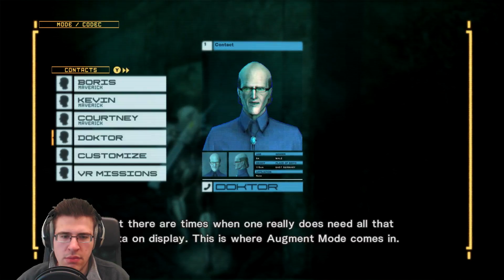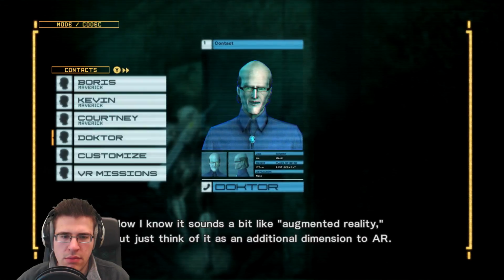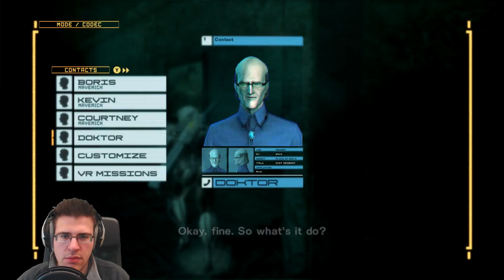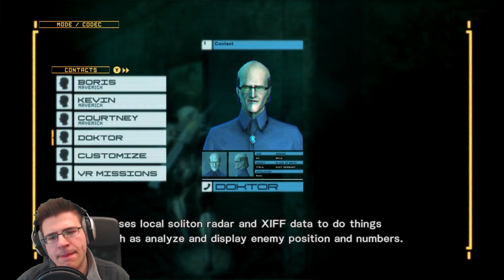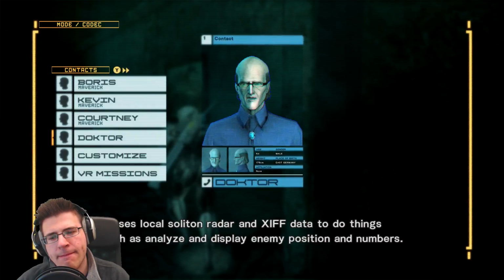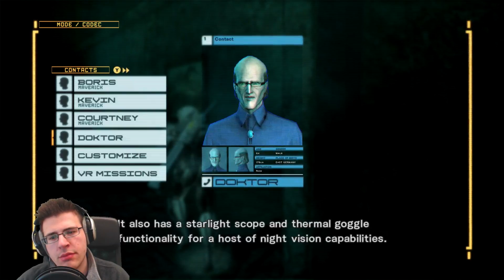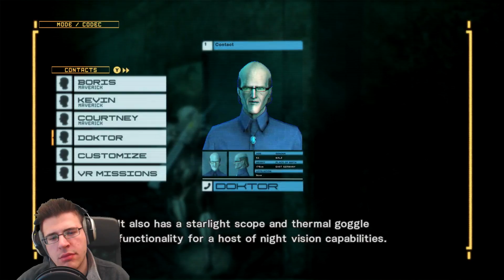This is where augment mode comes in. Now, I know it sounds a bit like augmented reality, but just think of it as an additional dimension to AR. Okay, fine. So what's it do? It uses local Soliton radar and XIFF data to do things such as analyze and display enemy position and numbers. It also has a starlight scope and thermal goggle functionality for a host of night vision capabilities.